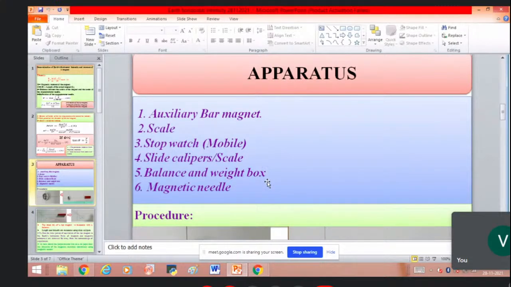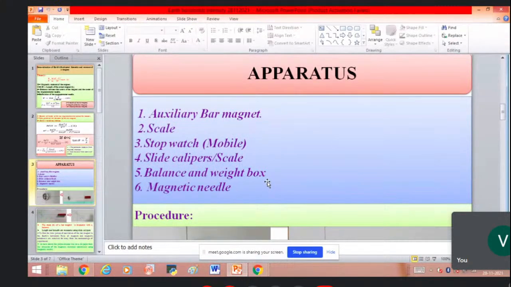So this experiment, the determination of the horizontal component of Earth's magnetic field and the moment, can be done by a different method, the deflection magnetometer in the laboratory. This is a huge setup. Or using a tangent galvanometer, Earth's magnetic field can be determined.